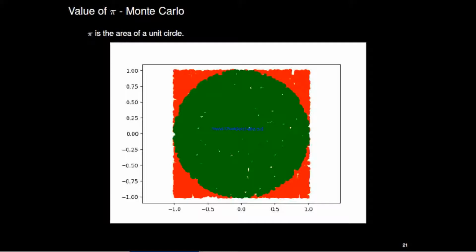And you know the area of this square is equal to 2 into 2 is equal to 4, and the area of the circle is pi.